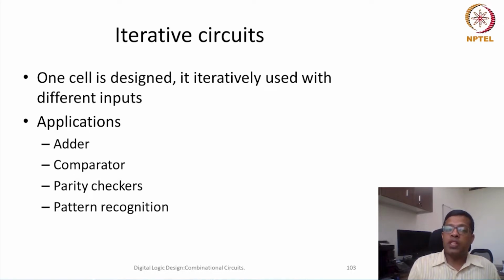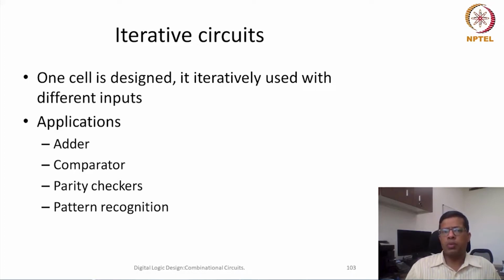Similarly, in our previous lecture, in the array multiplier, the adder design is also an iterative circuit which was repeated in 2 dimensions, so overall we were able to create a full n cross n multiplier.